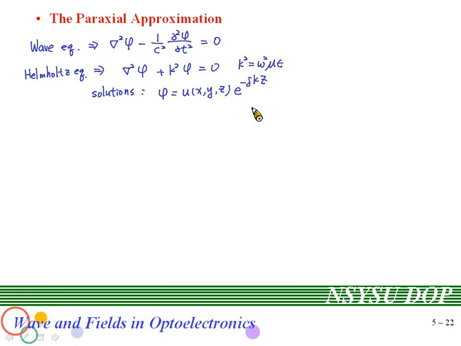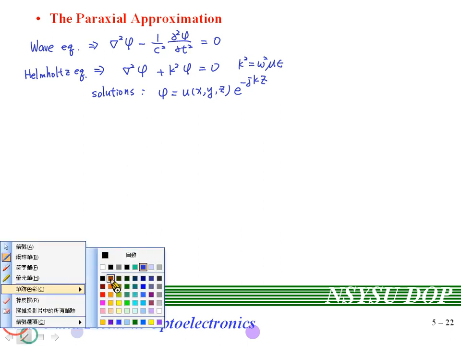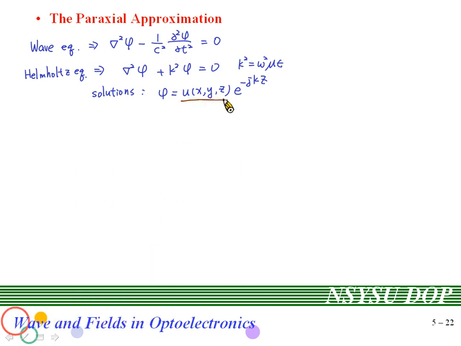And I have told you, in this situation, the amplitude term is a slowly varying term, and the exponential minus jkz is a fast varying term. The amplitude term will change slowly, and the exponential term will change very fast.